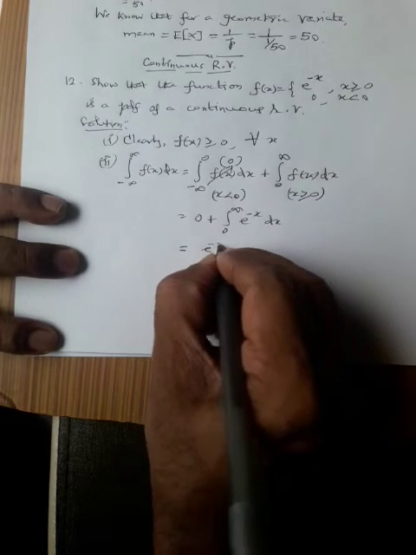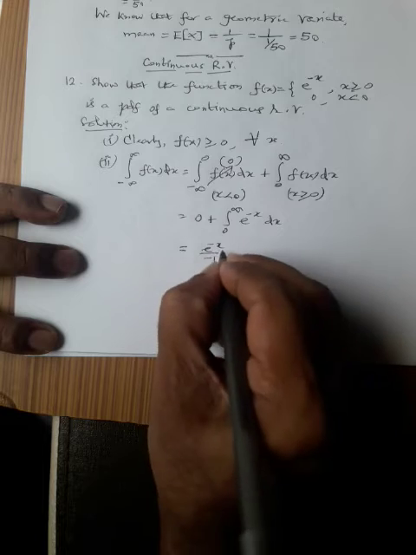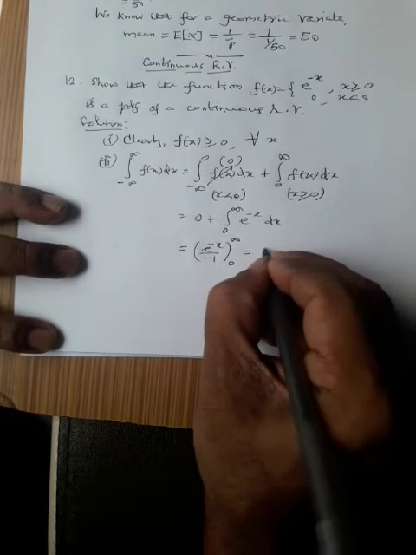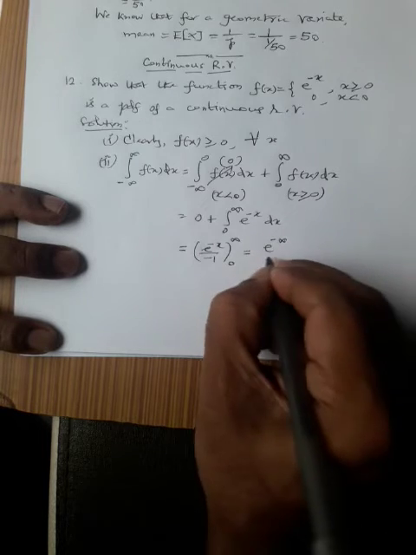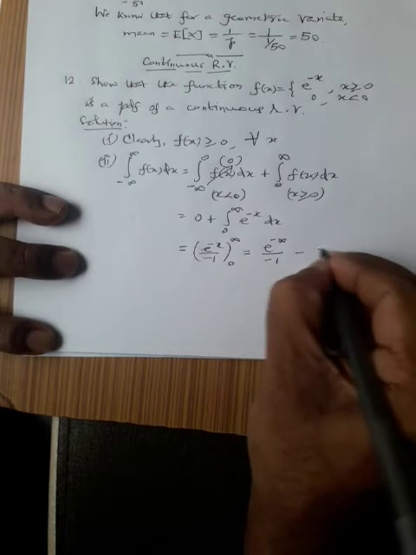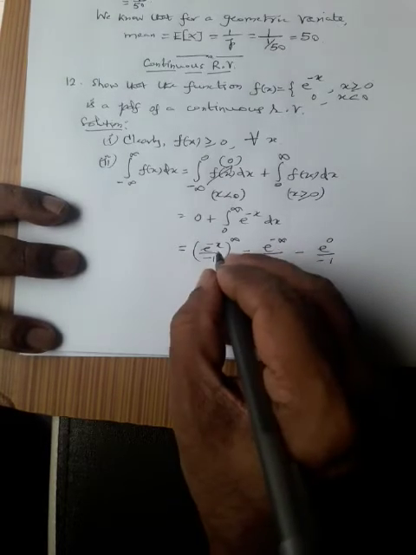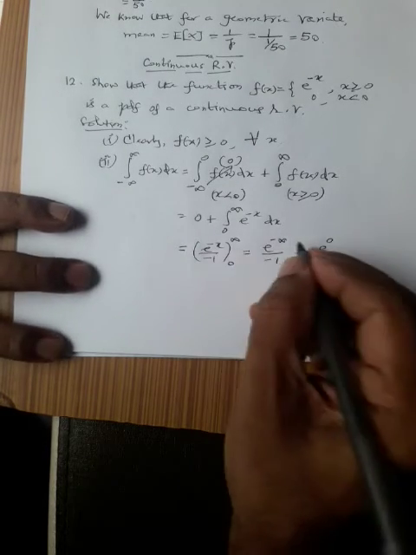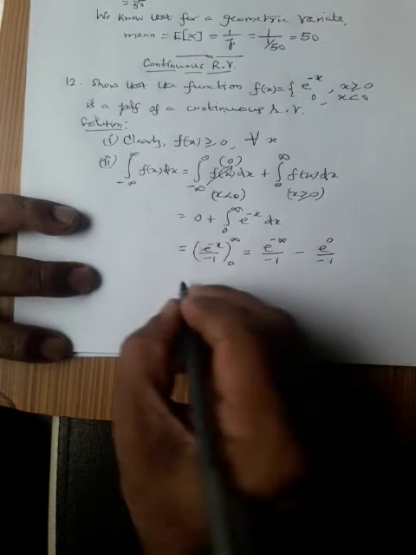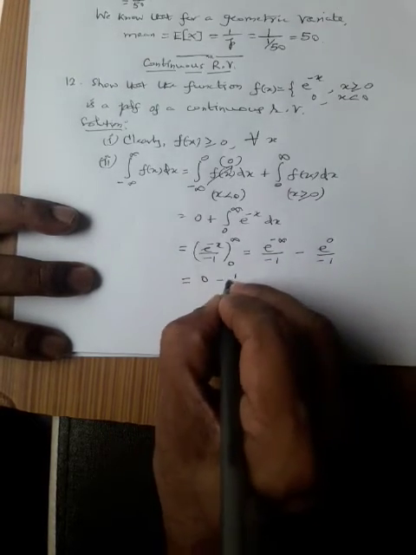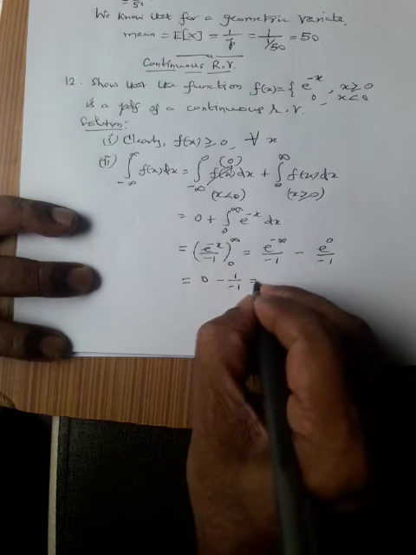The integration of e power minus x is e power minus x by minus 1, with the limits 0 to infinity. The upper limit gives e power minus infinity by minus 1, and the lower limit e power minus 0 by minus 1. Since e power minus x tends to 0 as x tends to infinity, e power minus infinity tends to 0. Minus e power 0 is 1, and 1 by minus 1 gives the total equal to 1.